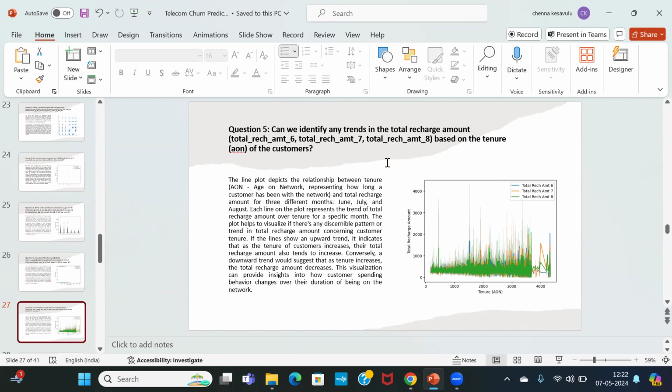The plot helps to visualize if there is any... sorry, give me a second. Yeah, it indicates that as the tenure of customers increases, the total recharge amount also tends to increase. This visualization can provide insights into how customer spending behavior changes over the duration of being on the network.